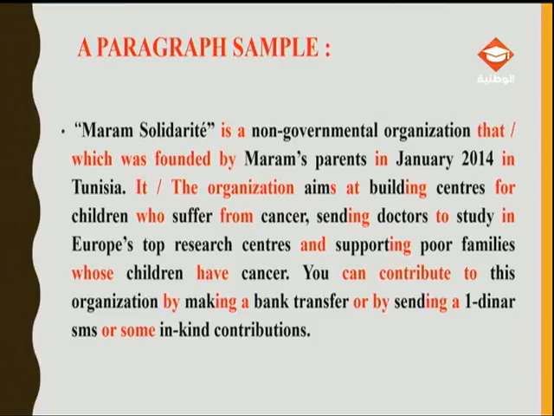And now we have reached the last aim. Therefore, we need to use the linker and, supporting poor families. What about these families? Families whose children have cancer or suffer from cancer. So to avoid repeating suffer from, we have used have cancer.